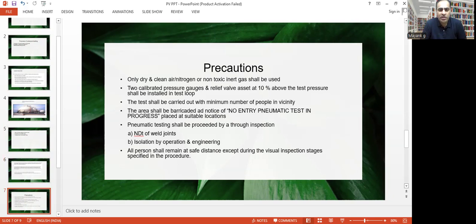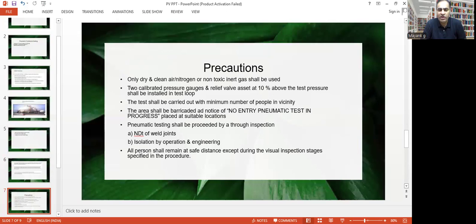These are the list of the precautions that we have to take during a pneumatic test. Only dry or clean air, nitrogen, or a non-toxic inert gas shall be used. It is very important that we use an inert gas. Two calibrated pressure gauges and a relief valve set 10% above the test pressure shall be installed in the test loop.